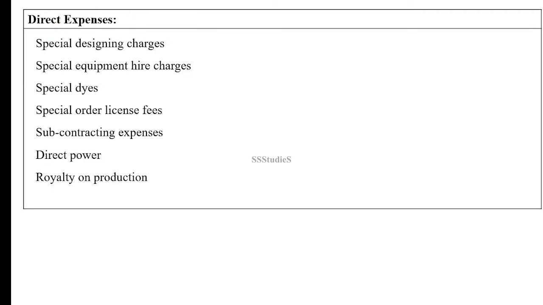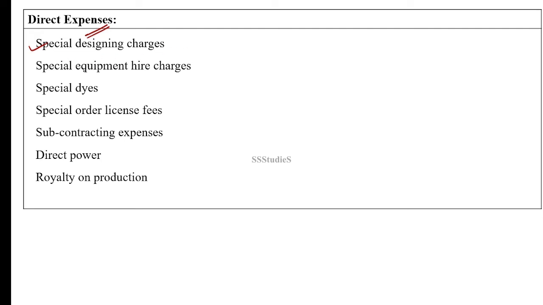Let us look into the direct expenses. So the prime cost includes direct materials and direct labor and direct expenses. What are the items that we have to take into consideration when we are calculating direct expenses? We look into special designing charges, if any, because it is directly related to the product. As I told you, if the expense is directly attributable to the product, then it is a direct expense.